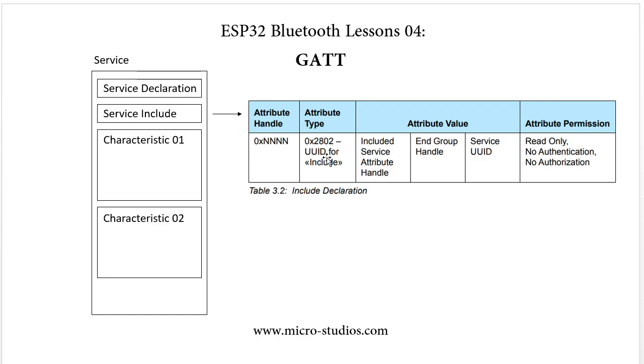So when we read the UUID 2A02 here, it can know the group of data is the service include. This is the begin position of the included service, this is the end position of the included service, and this is the included service UUID. So we can get this information from this group of data.